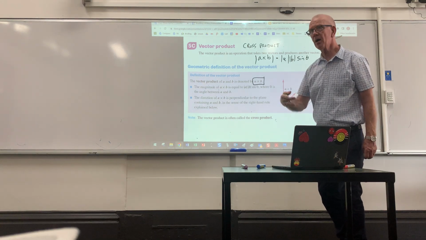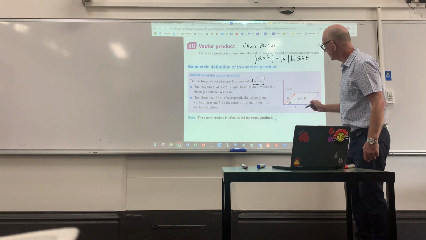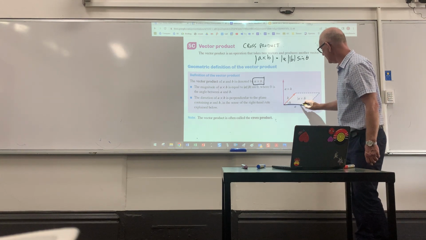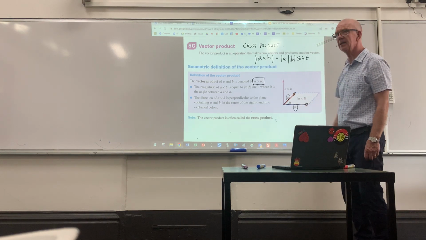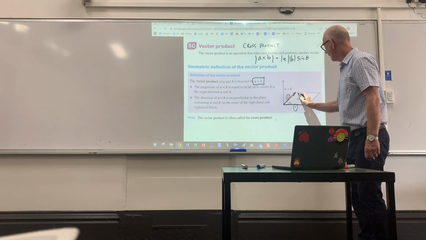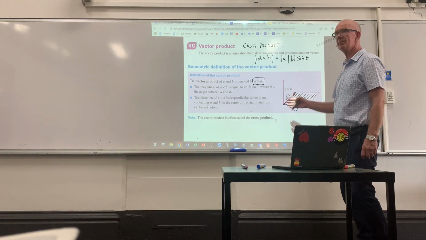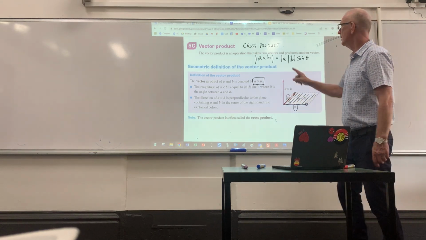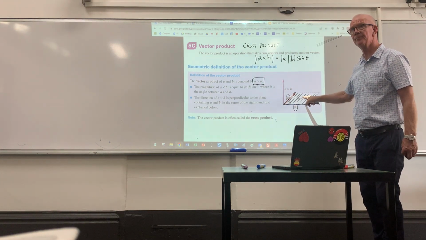And just by some geometry, if we look at A and B, so there's vector A and there's vector B, this parallelogram that is formed, that is mapped by those two vectors, the magnitude of the cross product will give you that area.